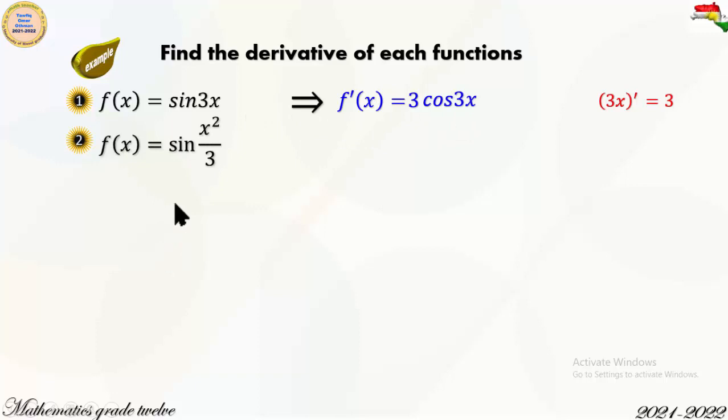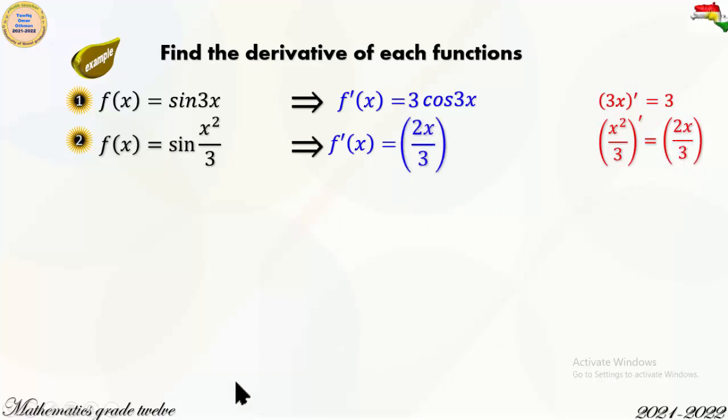The second one, f of x is equal to sine of x squared over 3. You have an angle here, x squared over 3. The derivative of this is 2x over 3. And now, f prime of x is equal to, first of all, write 2x over 3. This is the derivative of the angle. Then the derivative of sine is cosine.